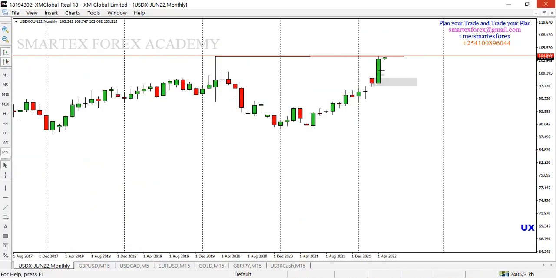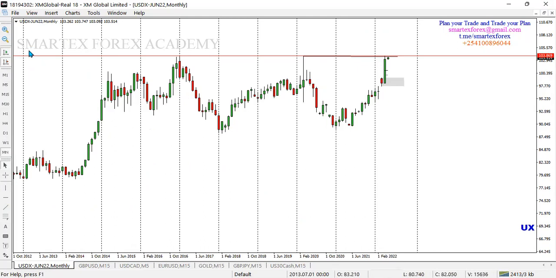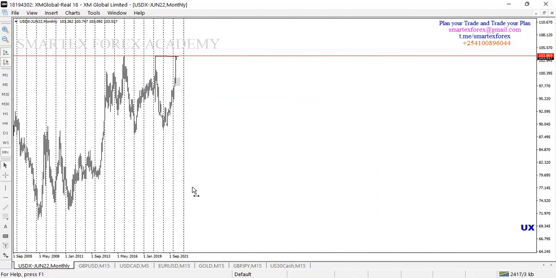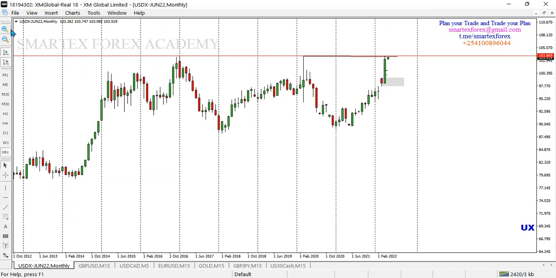Here you can see this high, and the other one, this one and this one. So literally on the monthly time frame, the price is at the support level, the monthly support level, which is the equal highs.